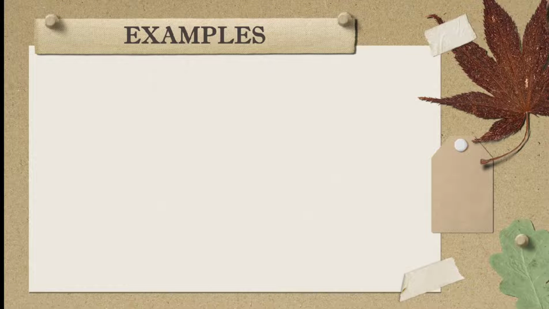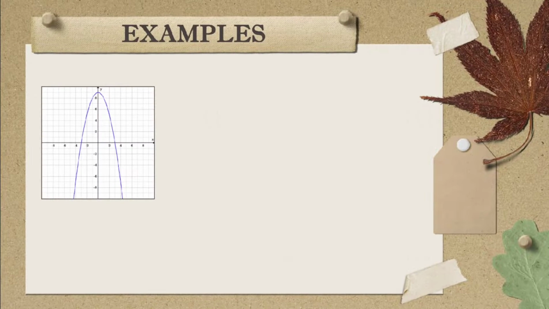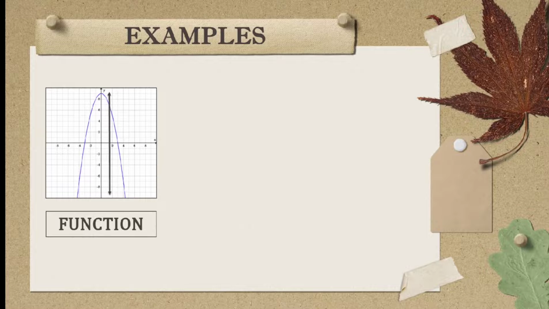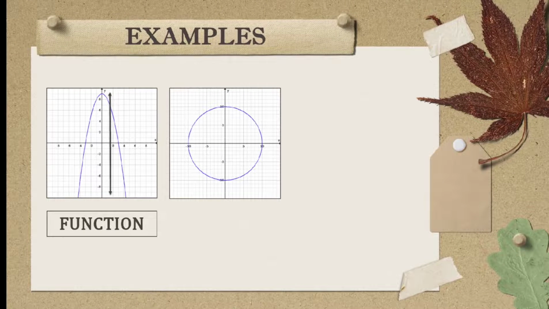Let's try to determine the following graphs if it is a function or not. Let's start with the first graph. Applying the vertical line to the parabola graph, as you can see, the vertical line has only one intersection. So that means this graph is a function. Next, let's use the vertical line test in this graph.